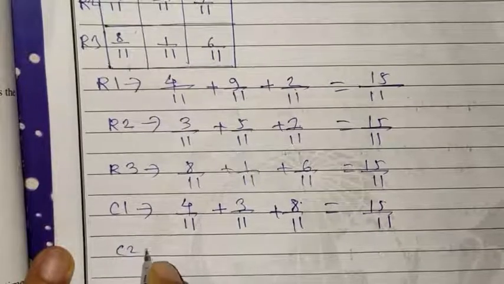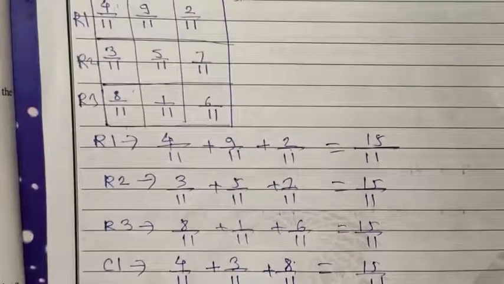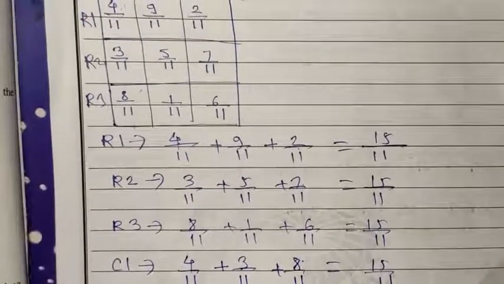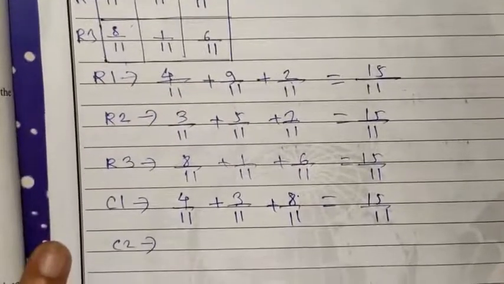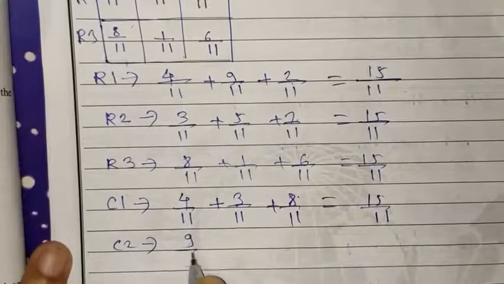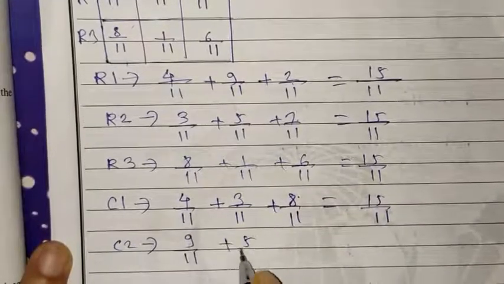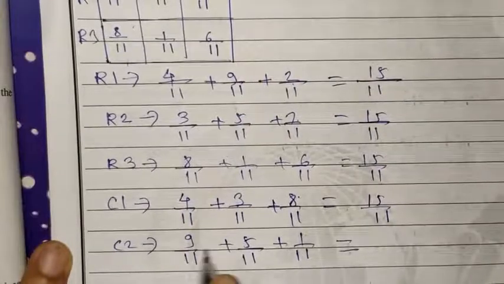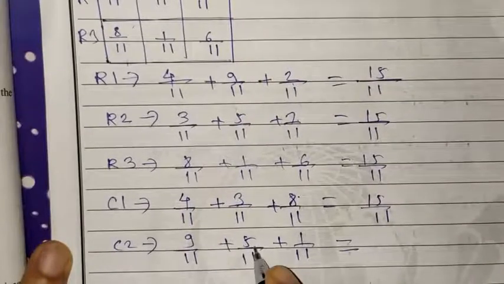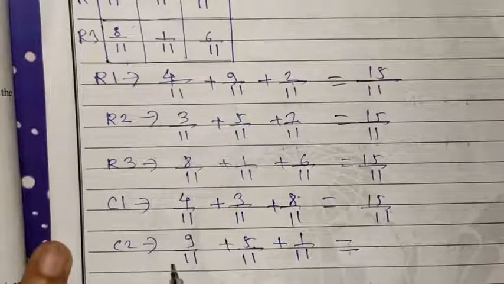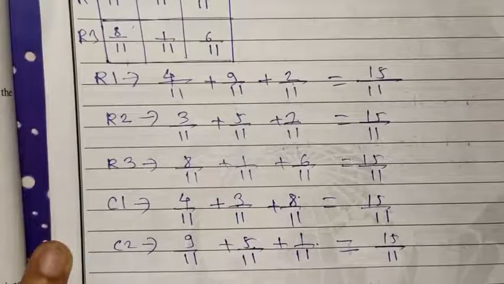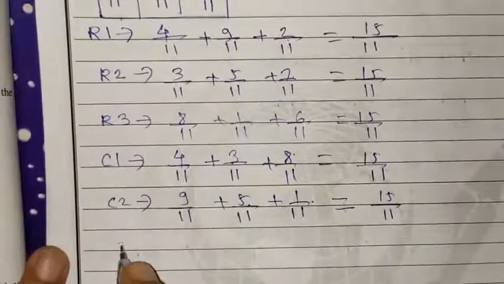Then for the second column we will check the values: 9 upon 11, 5 upon 11 and 1 upon 11. So you write 9 upon 11, 5 upon 11 plus 1 upon 11. Here 9 plus 5 is 14, and adding 1 it is 15. Now we will go for the third column.